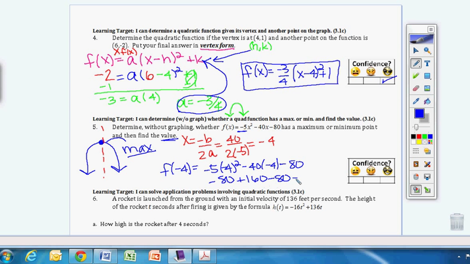That leaves me with 0. So my maximum value is 0 at -4. But really, again, what I want to know is the value. What is my y value? There you go.